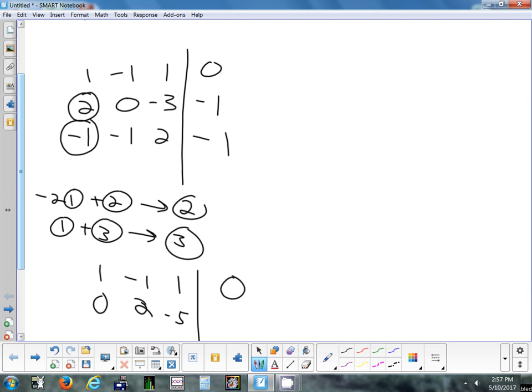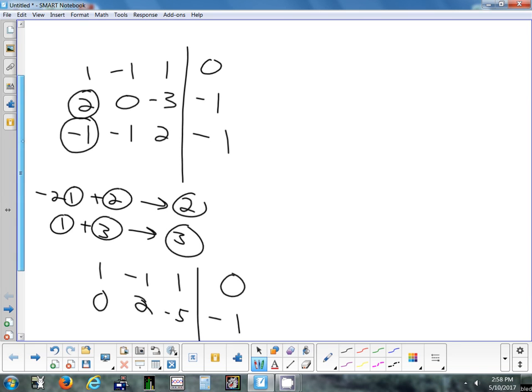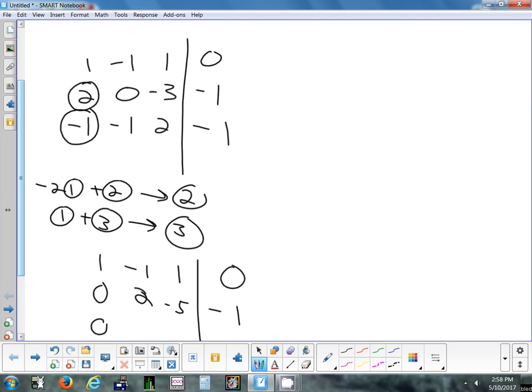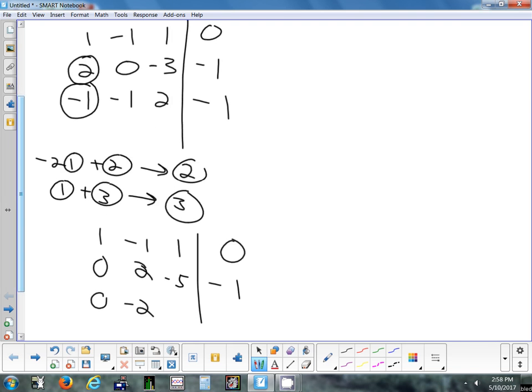And lastly, 0 times -2, minus 1. Okay, so that's good. And the last row, we're just going to add rows 1 and 3. 1 plus -1, -1 plus -1, 1 plus 2, and 0 minus 1.